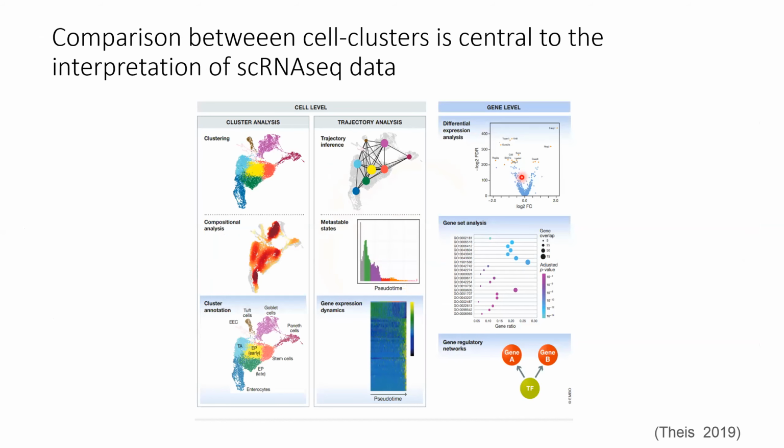Okay. So identifying these cell clusters critically determines the output of your single-cell RNA sequencing experiment. These groups of cells serve as the basis for things like compositional analysis of how proportions of cell types change under different experimental conditions. They also serve as the input for trajectory analysis or pseudotime analysis, which aims to reconstruct cell fate transitions over developmental time. And cell clusters also create the different test groups that are used to compare the relative changes in different gene expression.